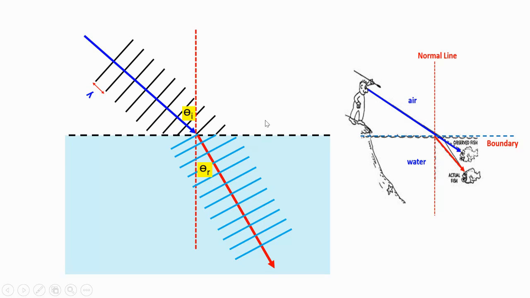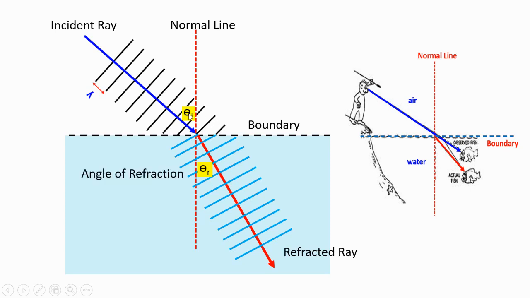We are going to take a look later at whether it will be bent toward or away from the normal line. So this is the normal line, this is the boundary, this is the incident ray, and this is the refracted ray. And this is the angle of refraction, and this is the angle of incidence.